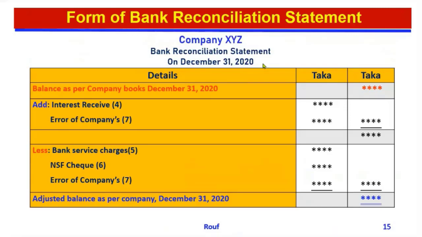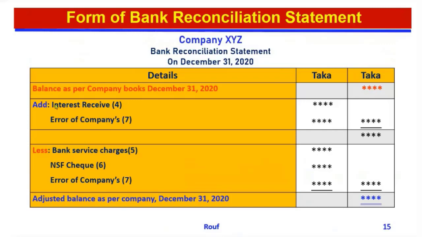When we have to prepare adjusted cash balance of the company statement or company books, we have to include four items.